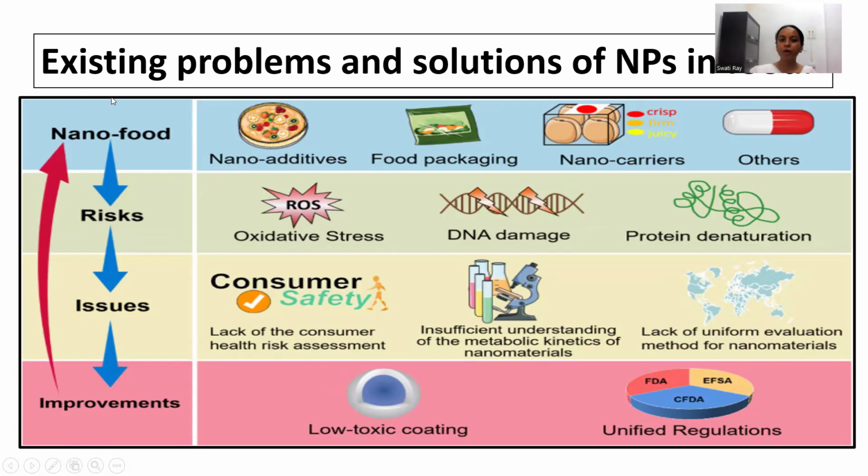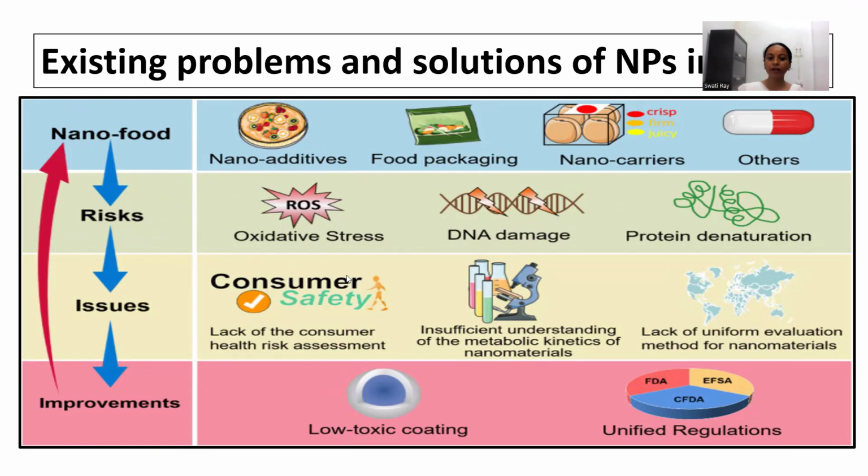Now let's discuss the existing problems and solutions of nanoparticles in food. The problems are basically associated with toxicity. Nano food is divided into nano additives, food packaging, nano carriers, or others. They might cause oxidative stress, DNA damage, or protein denaturation in our body system.